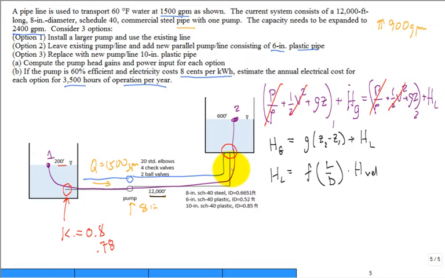If they would have taken that pipe and put it up here and then just sprayed it out, you would have ended the Bernoulli right here. It would have been a higher elevation, and you would have no loss coefficient, but the exiting kinetic energy would not be negligible.